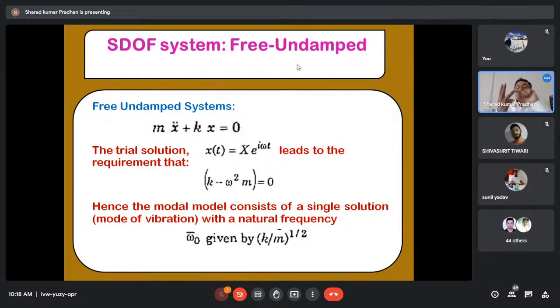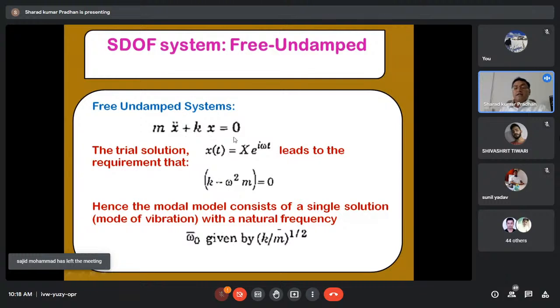Generally the third property we are not talking about right now, that is damping, because right now we are talking of free undamped vibrations or a free undamped system. Once we switch over to damped, then the third element will also pop up, and that is damping. We may have viscous damping, structural damping, or frictional damping. But this case is related to free undamped.